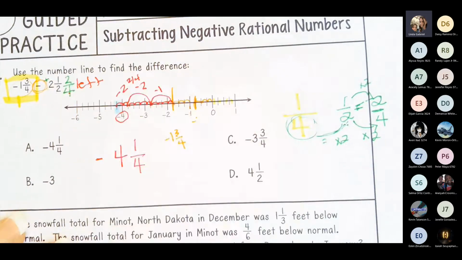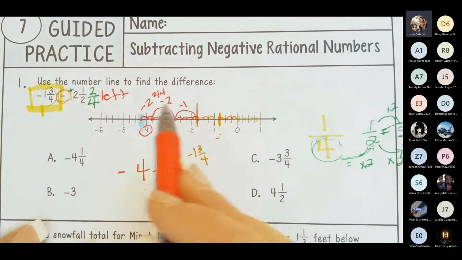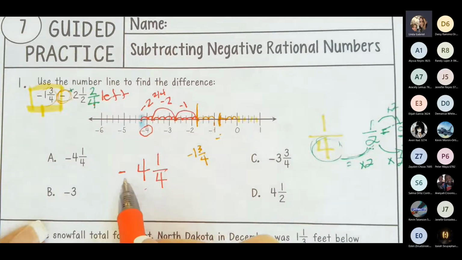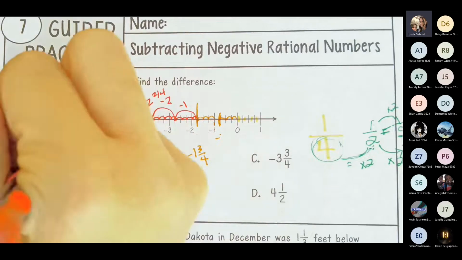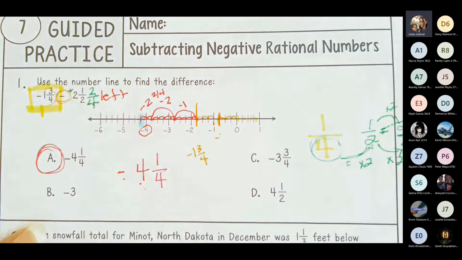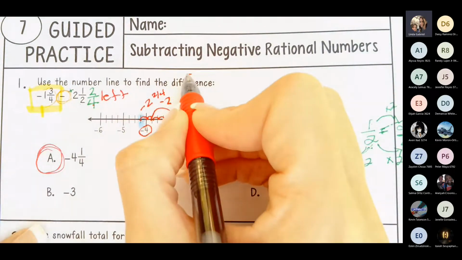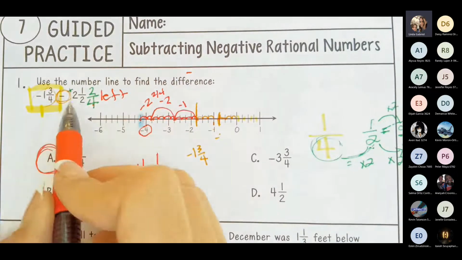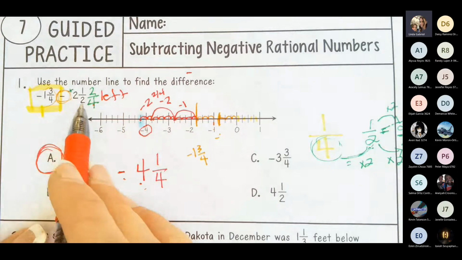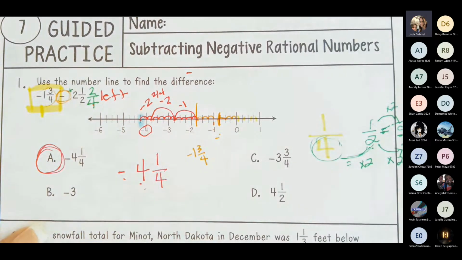So my answer for number 1 on the number line, when I subtract my positive number, I have -4 and 1/4. Okay? Remember, when I see the word difference, I know that means I'm going to be subtracting. So I am subtracting my positive number, -1 3/4 minus 2 1/2. That gives me -4 and 1/4.